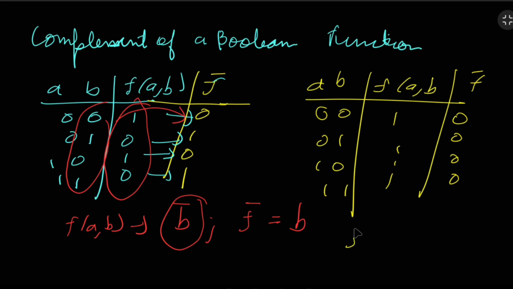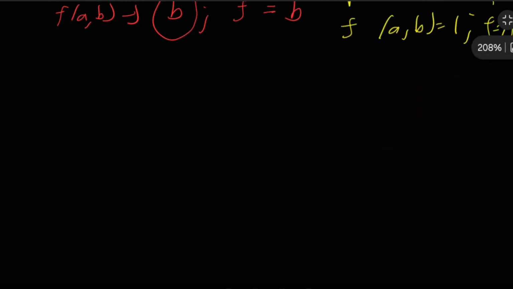See, this over here, f of a comma b is the same as 1. This whole is 1. Then what should be f complement? That should be the same as 0. You can see like this. No problem. You don't have to use both the variables.